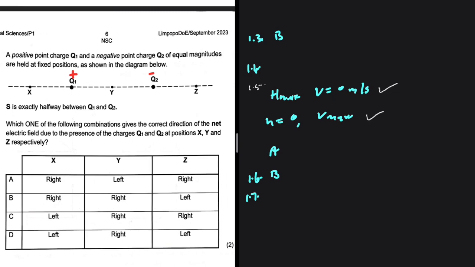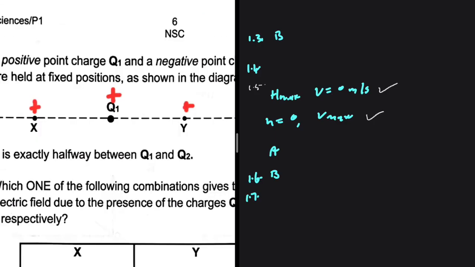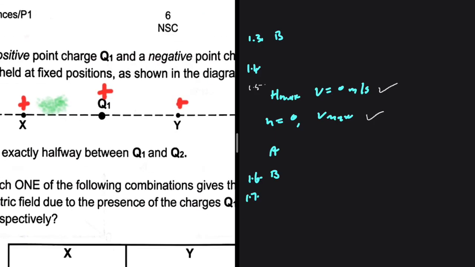I don't see any S on the diagram, but maybe they're referring to Y. Which one of the following combinations gives the correct direction of the net electric field due to the presence of charges Q1 and Q2 at positions X, Y, and Z respectively? When we have a point charge, we can always assume that it is positive. So let's put that there and do some analysis.